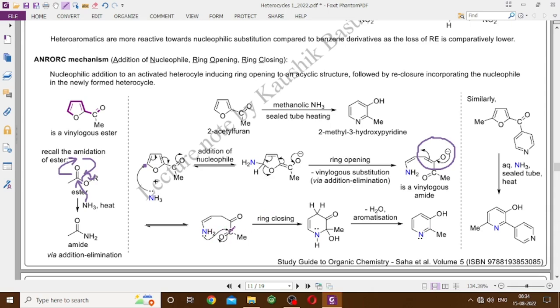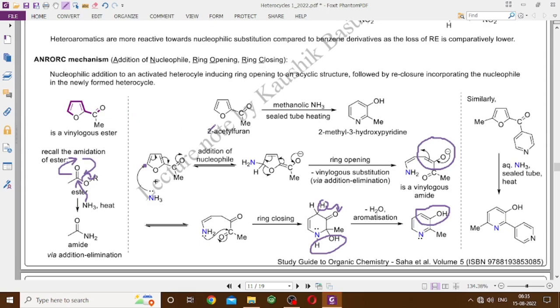This nitrogen will attack this carbonyl and we will get a tetrahedral intermediate from where we can eliminate the water molecule between these two atoms and shift one hydrogen from this alpha position onto the carbonyl oxygen and correspondingly reorganize the pi electrons to get the corresponding enol derivative, and that is favorable because the ring will now become aromatic.